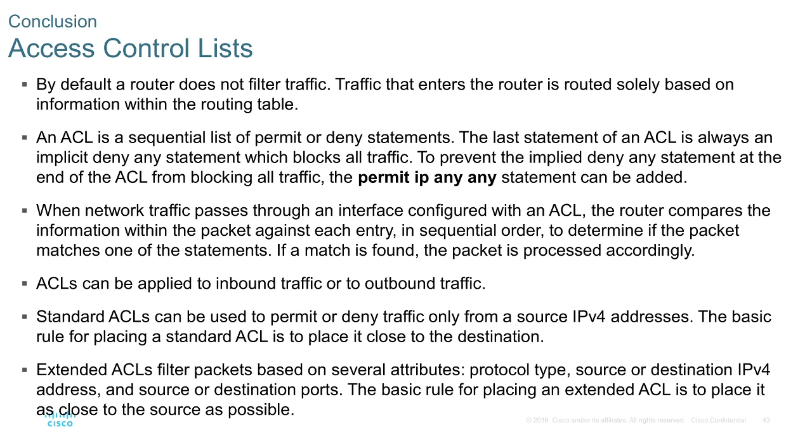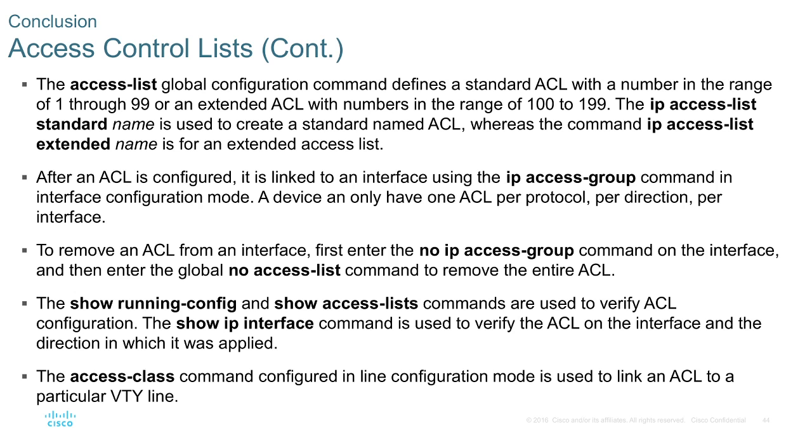And also with standard ACL, we will have to place it closer to the destination because we only know the source information. So we have to filter it out at the destination, otherwise it will block other parts of the network. Whereas with extended ACL, because we know the destination as well, we can place it closer to the source. So we can alleviate the stress on the network infrastructure as well by using extended ACL.